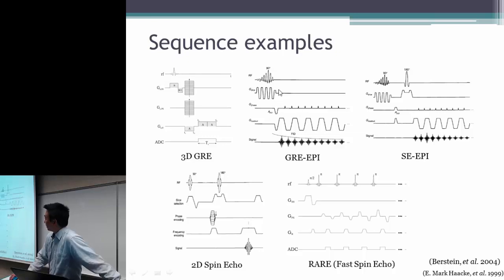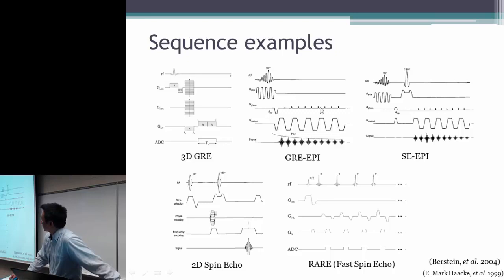So we can break it down in that way, or we can break it down into the functionality category. So this one here is the signal excitation. This is a complicated RF pulse that can give you both selective excitation on the spatial and the spectral domain. So this is a spatial spectral excitation RF pulse, which has the functionality for excitation.